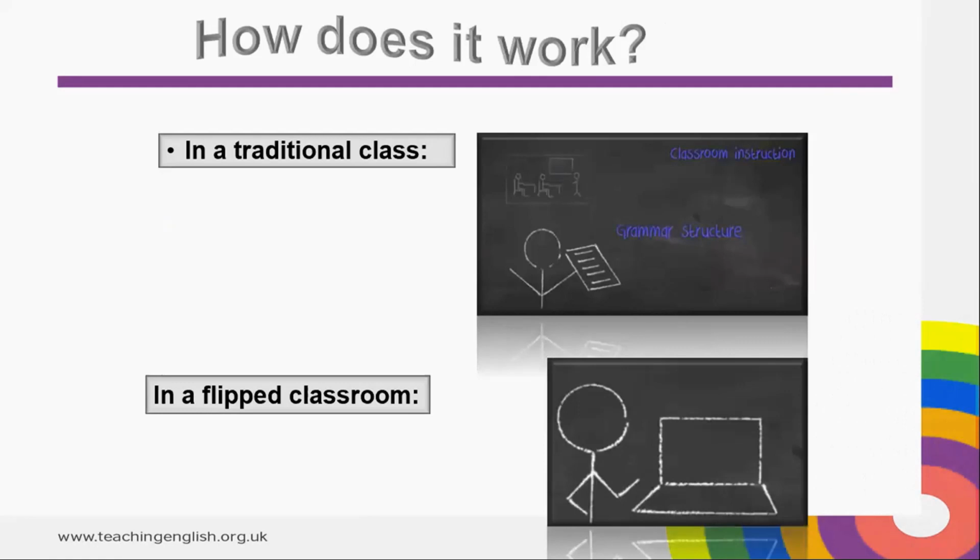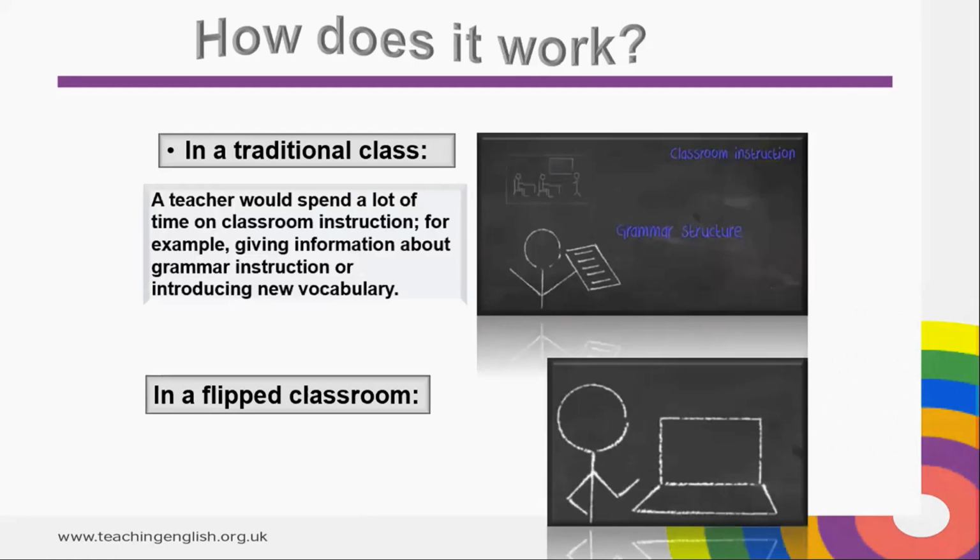And here it says, in a traditional class, the teacher would spend a lot of time on classroom instruction. He talks for a longer period of time, which is TTT. Do you remember TTT and STT? TTT, teacher talking time.